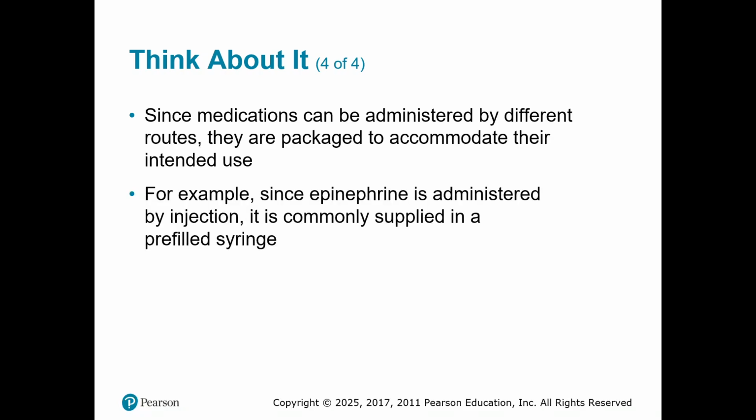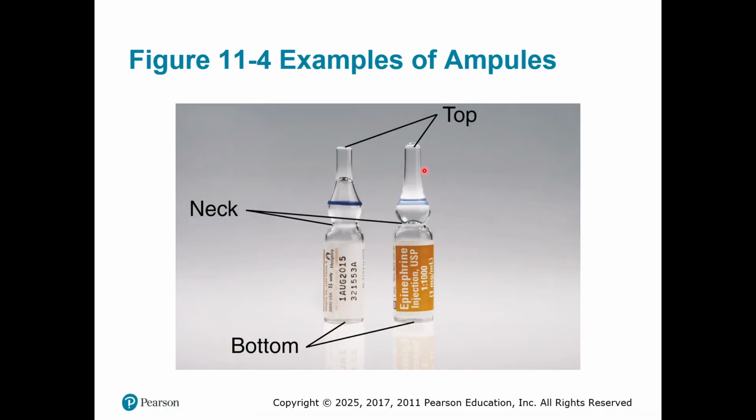Another thing to think about here. Since medications can be administered by different routes, they are packaged to accommodate their intended use. So, for example, some epi is administered by injection. It's commonly supplied in a pre-filled syringe. So we can look at that. Here's epi. It's designed this way because this is a 1 in 1,000 concentration, and it's meant to go in as an IM injection.